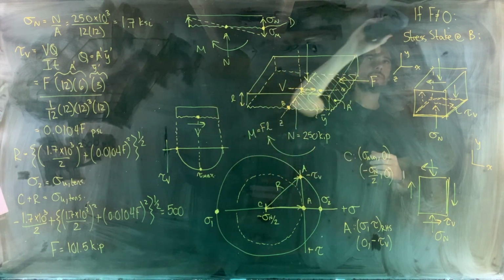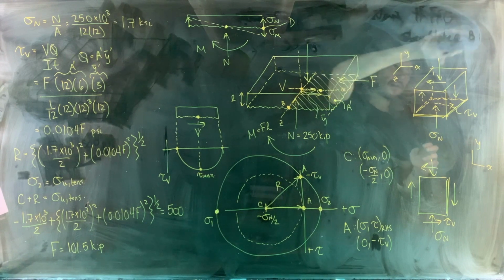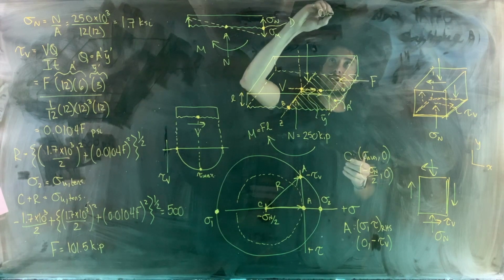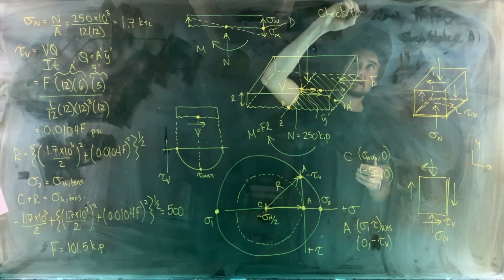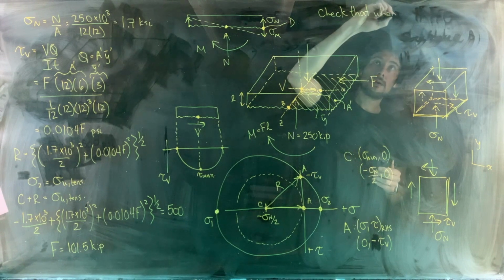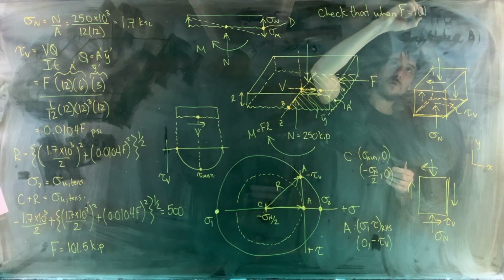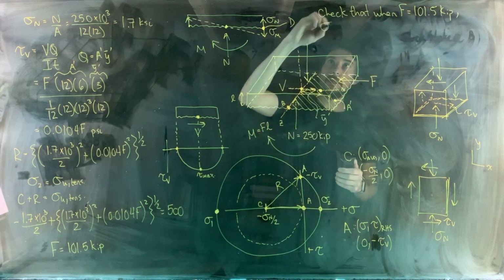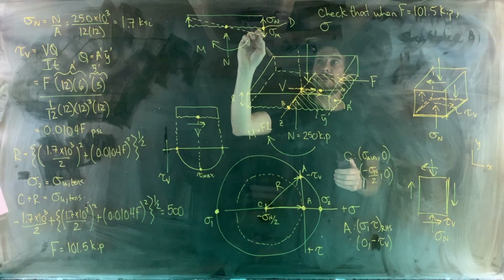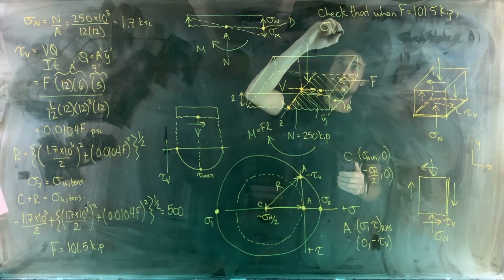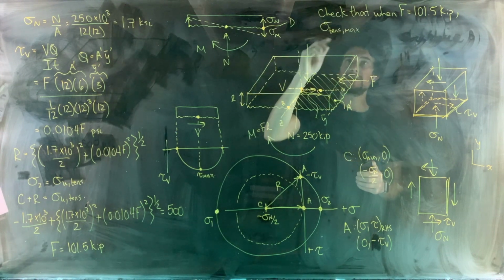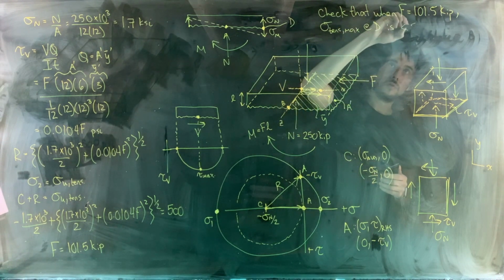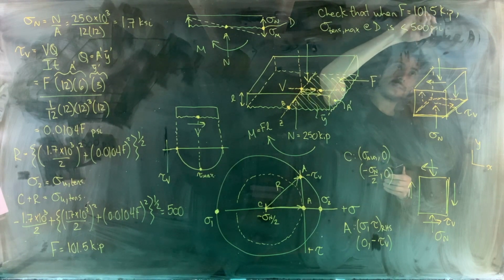So for just a final quick check on this problem, and it doesn't take long, we want to check that when F equals 101.5 kip, the maximum tensile stress at point D is below 500 psi.